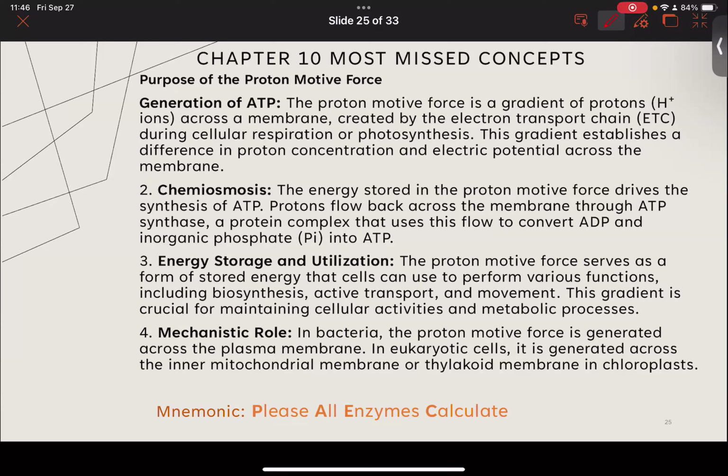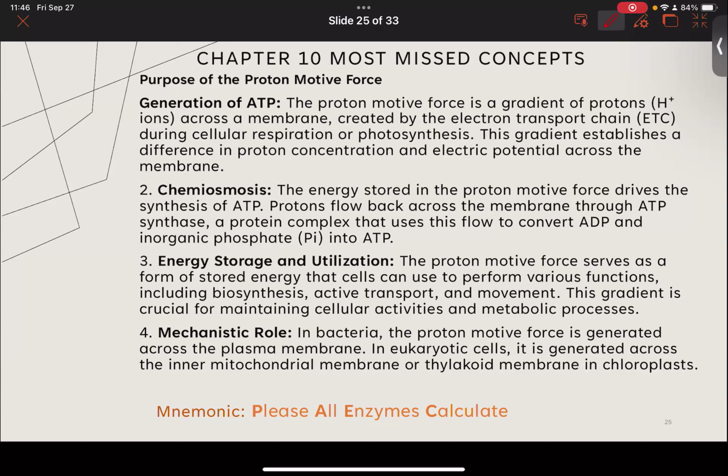Energy storage and utilization is basically achieved by creating that gradient. It's like potential energy. It wants to come back in, just like water behind a dam. It's going to want to equal out.